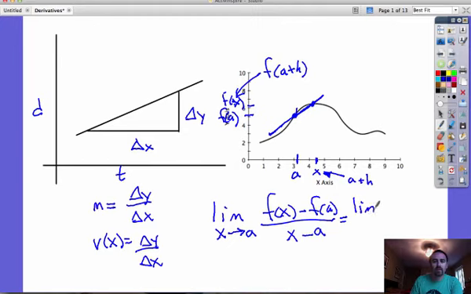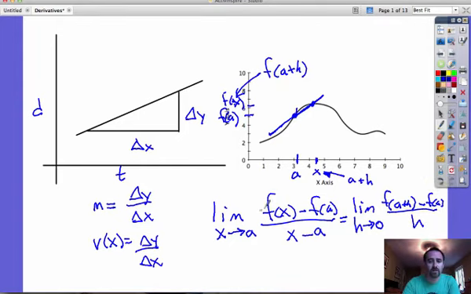Now we have the limit as h, so we want a plus h to go towards a. That means we want to let h go to 0, and we have f of a plus h, this up here, minus f of a divided by h.